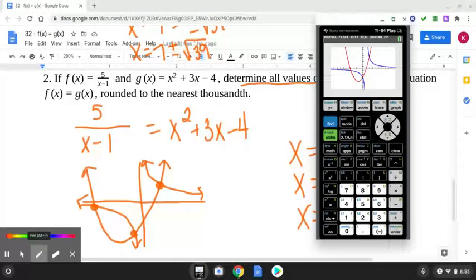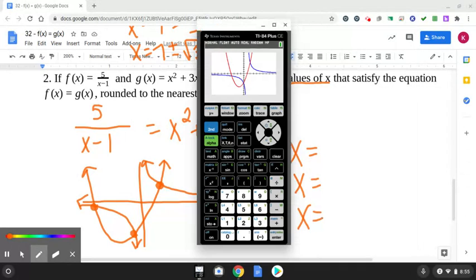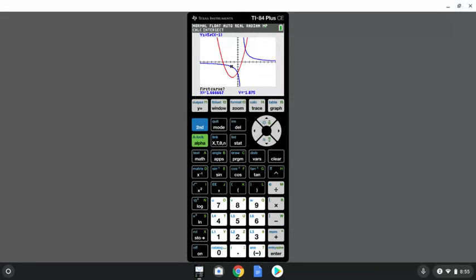So I'm going to pick up my calculator now. I'm going to press second, trace. Option number 5 is intersect. And then I'm going to hover over the point. Once I'm right on top of it, I'm going to press enter 3 times. It says first curve, enter. Second curve, enter.